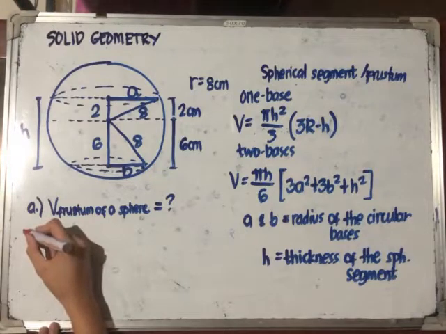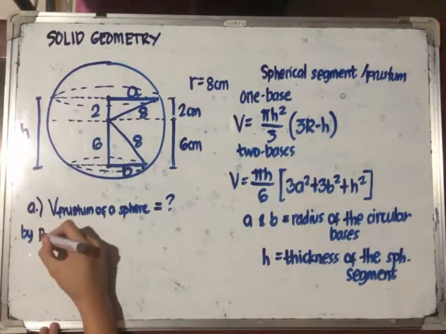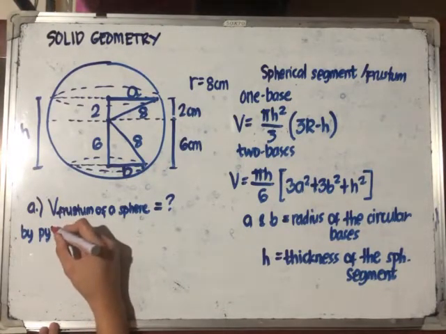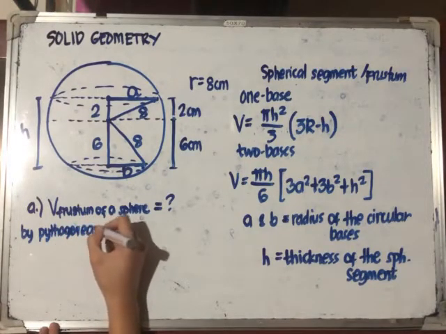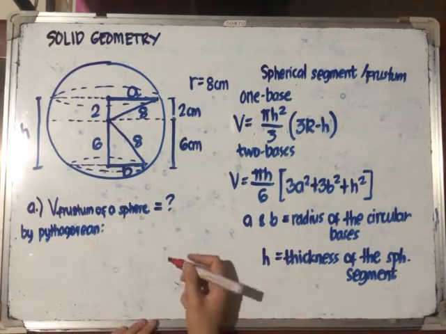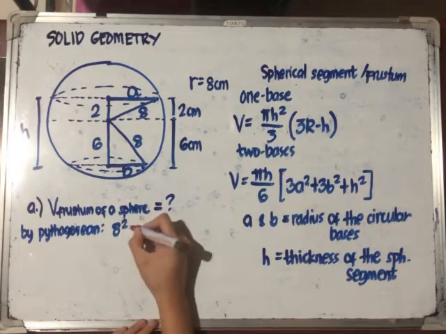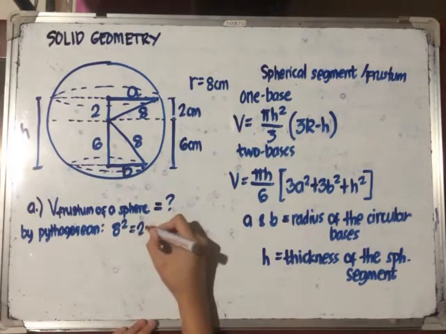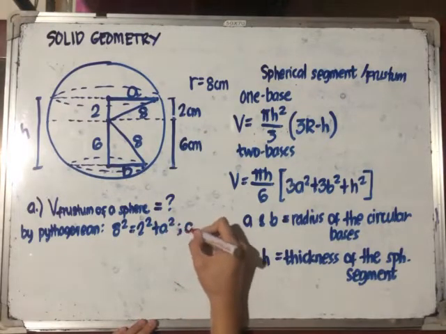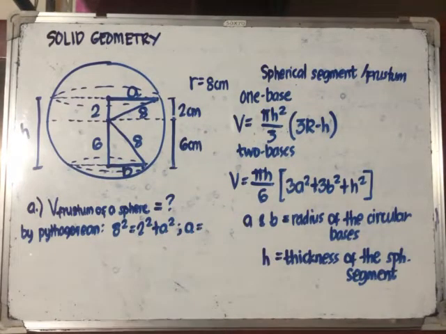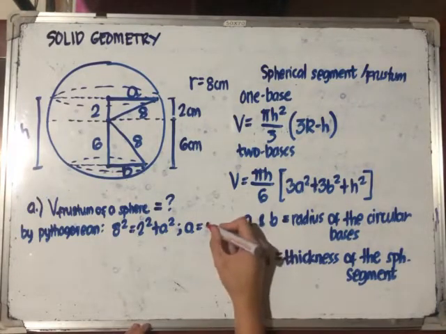Okay? So, by Pythagorean, what do we have? We have 8 squared is equal to 2 squared plus A squared. You can get an A value there equal to how much? That would be 4 square root of 3.